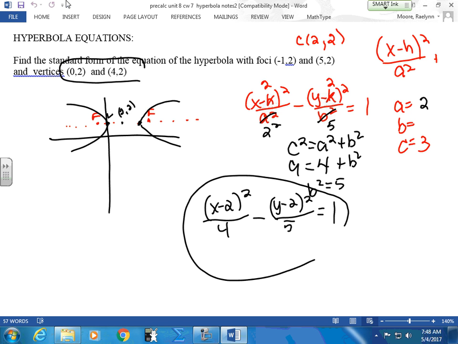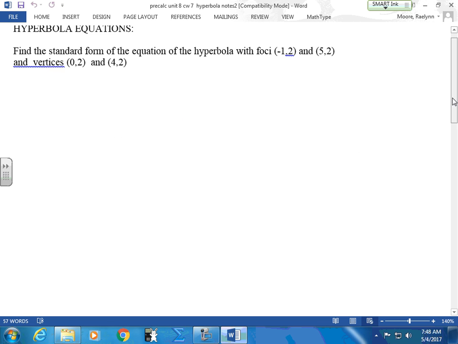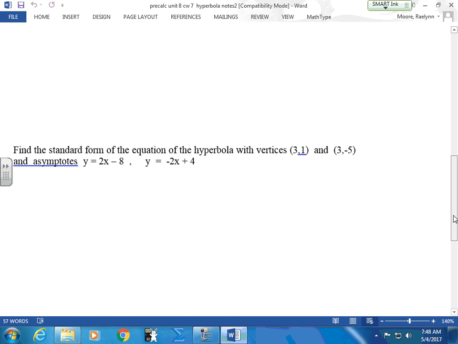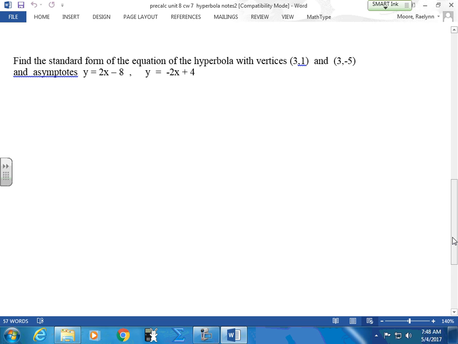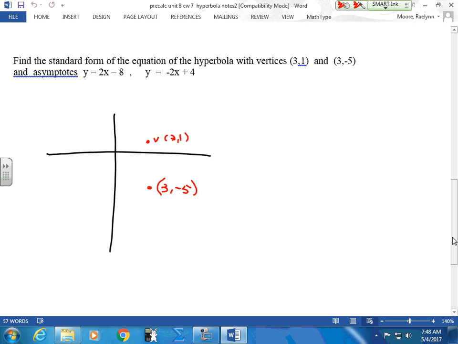Okay, one more. Alright, this one's a little trickier. Find the equation that has vertices, and let's start with our vertices. 3, 1. This is a vertex. And 3, negative 5. Which is the major axis? The y.